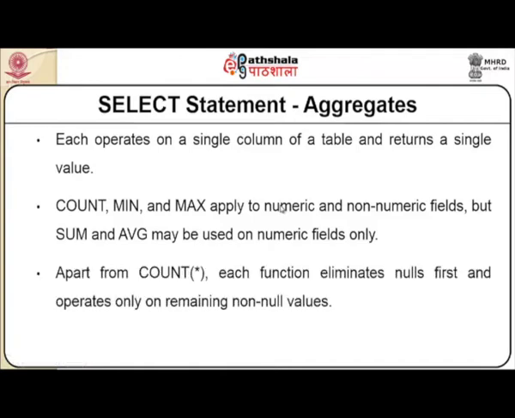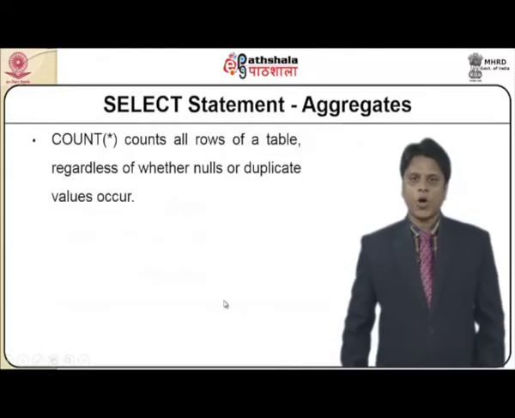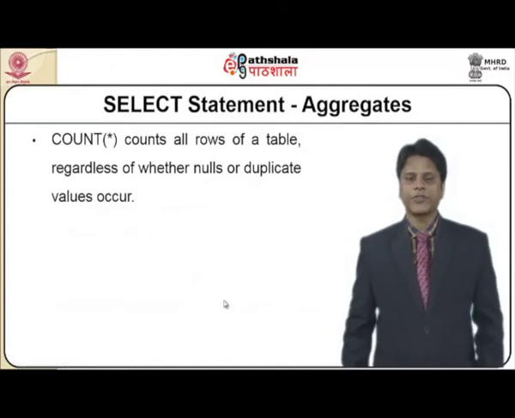Apart from that, except count star, each function eliminates nulls first and operates only on the remaining non-null values. So, count star counts all rows of the table regardless of whether nulls or duplicate values occur.